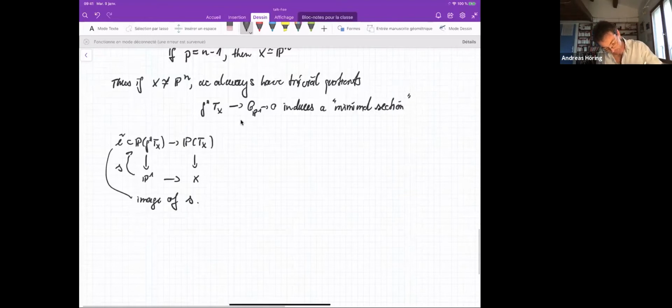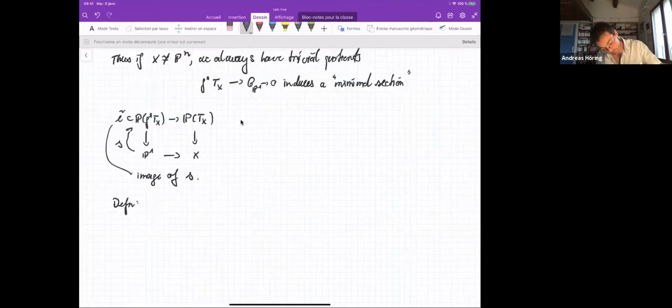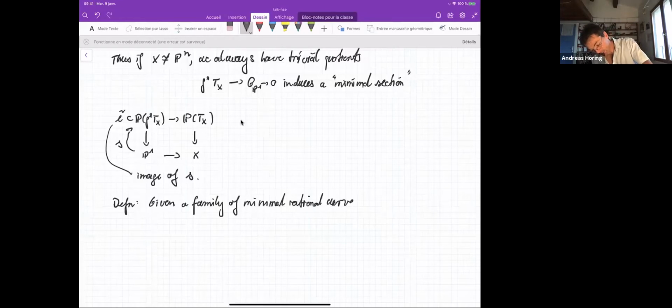So given a family of minimal rational curves, I consider C-check in the projectivized tangent space.